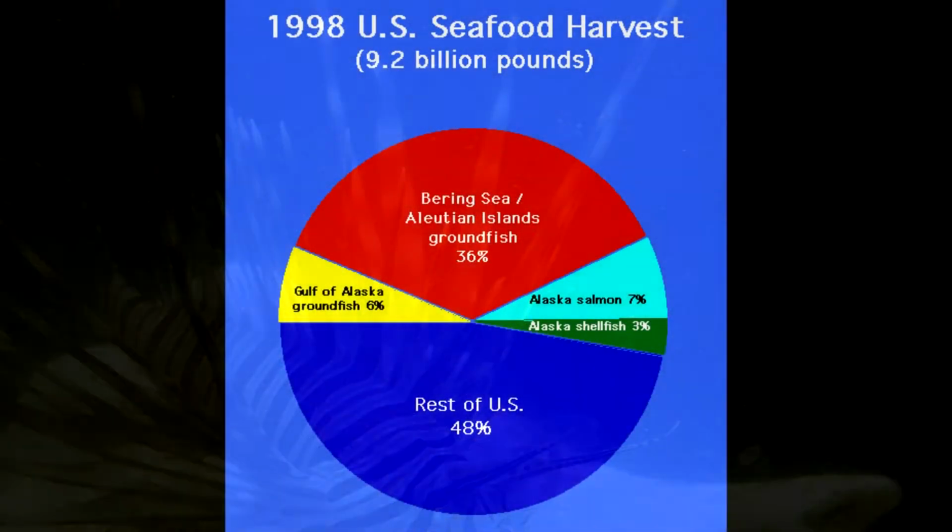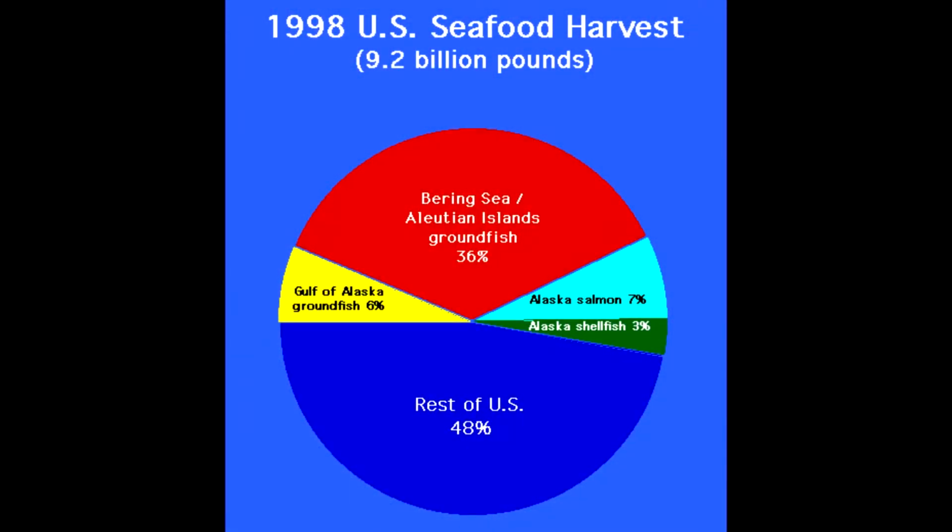So now let's turn our attention to the topic of harvest. The rate at which fishes and other marine organisms are being harvested has been steadily increasing. This is an image of what the present harvest is, or within the past 15 years or so, within U.S. waters.